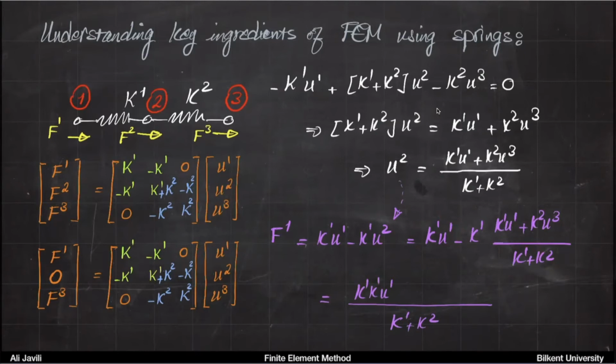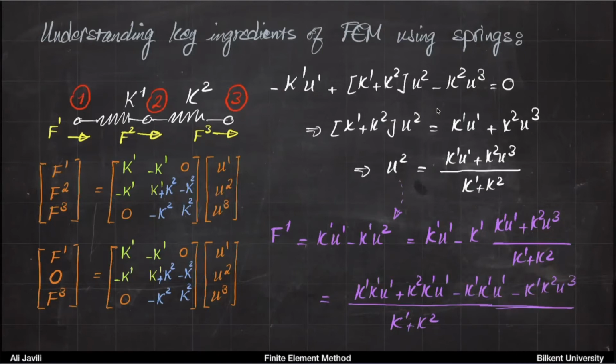So I write it as K1 times K1, plus K2 times K1 U1, minus K1 K1 U1, and again minus K1 K2 U3.